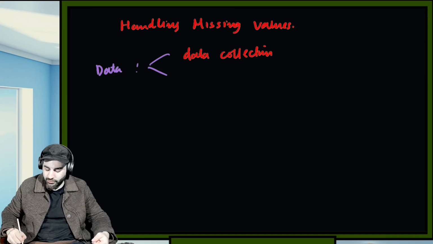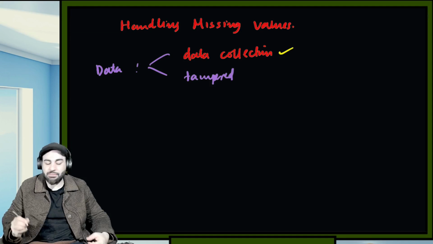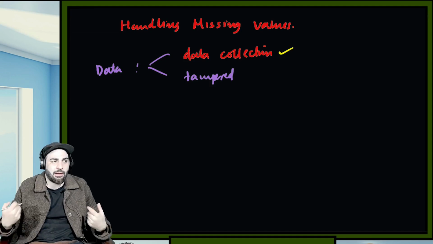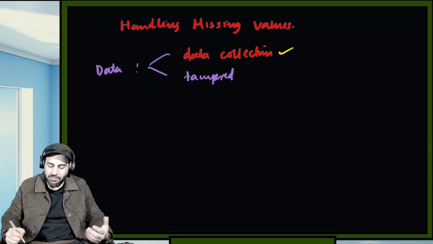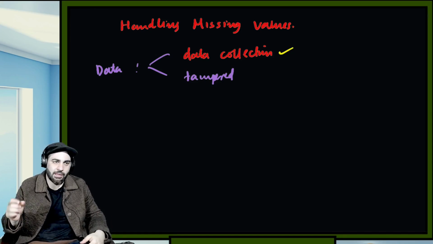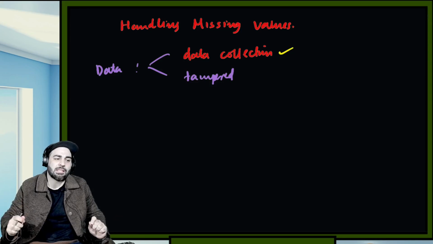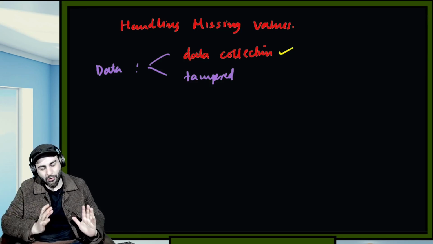One more thing is that it might get tampered with. Something happened to the data, or when we were transferring data, some tampering happened and the value became nonsensical. You can't make sense out of it, and then you will also consider that as a missing value because you don't have a value for that. That's how you should look at these things, because we'll be solving real world problems.